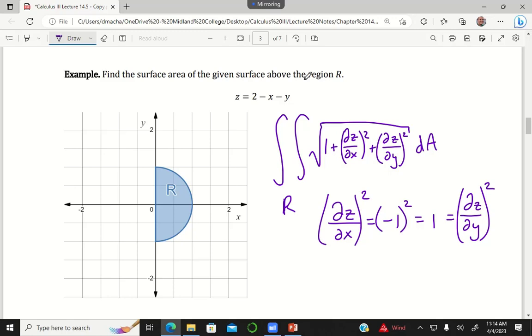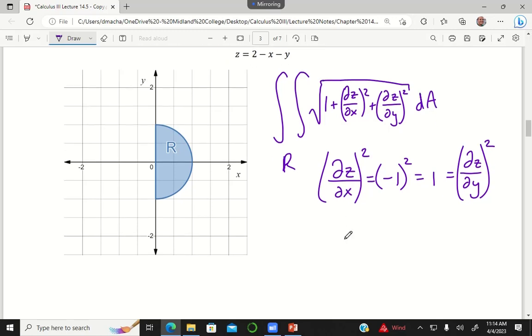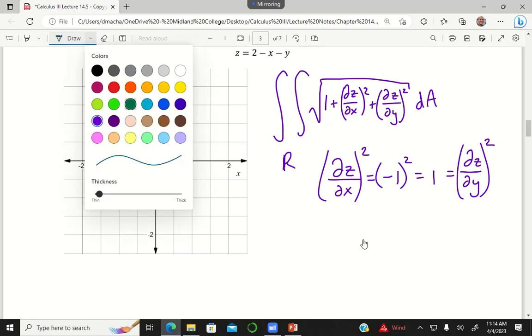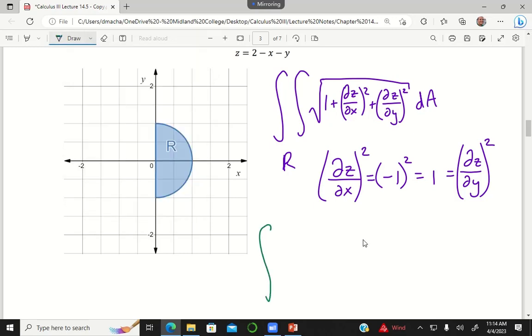So my integrand is going to be pretty simple in this case. So we'll again take the double integral over this region. This time my integrand becomes 1 plus 1 plus 1.